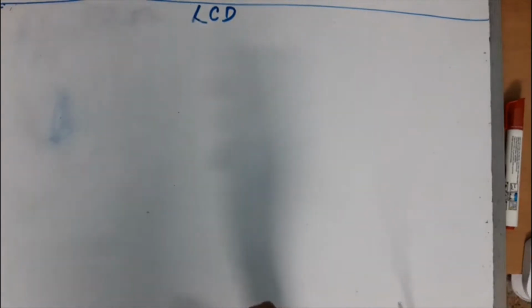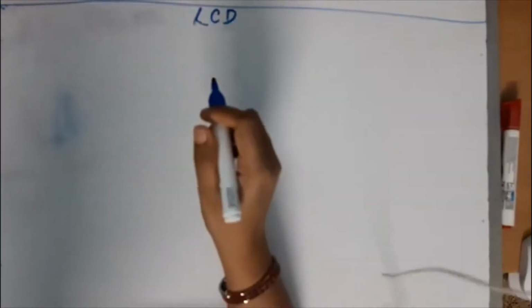So in the last class we've talked about binary to decimal conversion. Next we'll talk about floating point numbers.